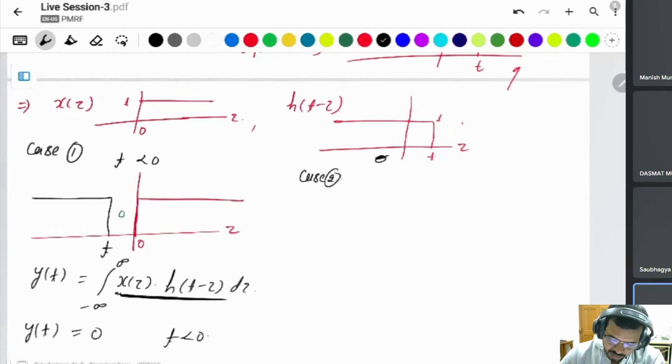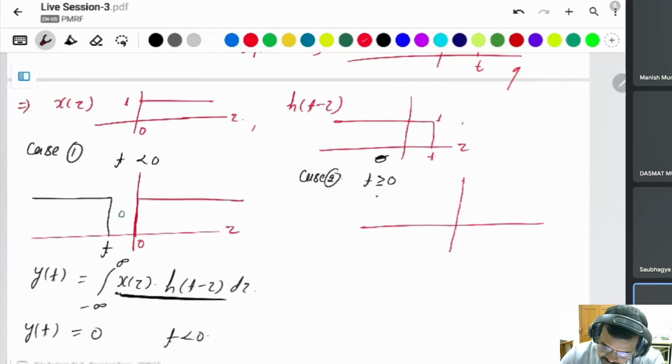Case second, with t greater than or equal to 0. Then what is the function? Now it looks like this one is the same as x(τ), but t is shifted to somewhere greater than 0.